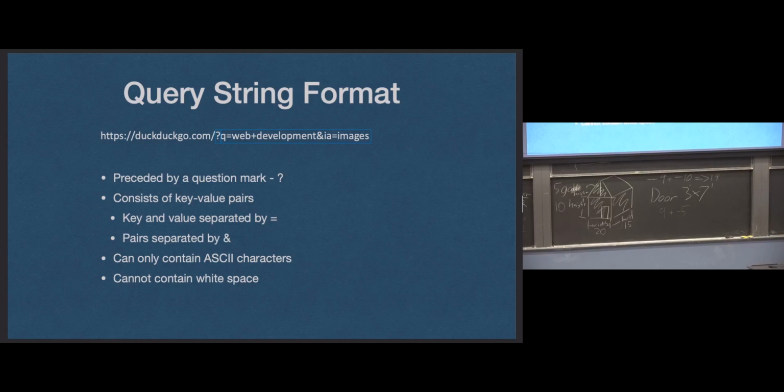And this is what that looks like. Here's a query string with two key value pairs. We talked about this earlier in the semester. The q is web development, ia equals images, two key value pairs. These go right in the headers. This is actually in the request line of your request. So if you have a query string, that query string is added right to the path.